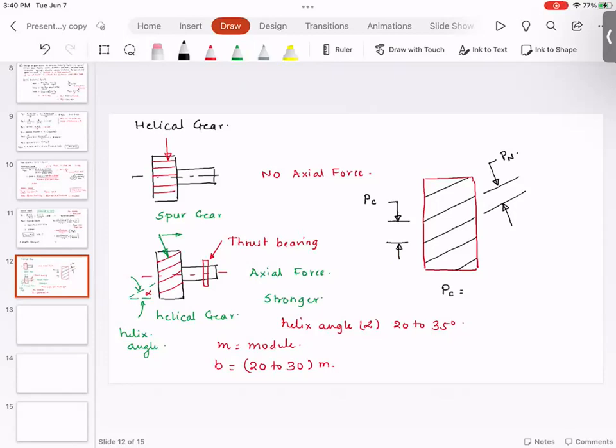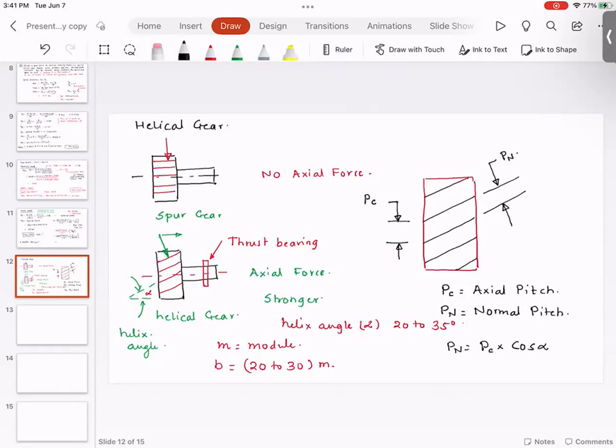Pc is axial pitch, Pn is normal pitch, and Pn is equal to Pc times the cosine of helix angle.